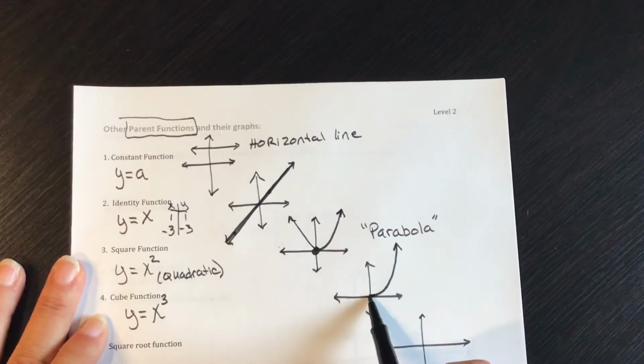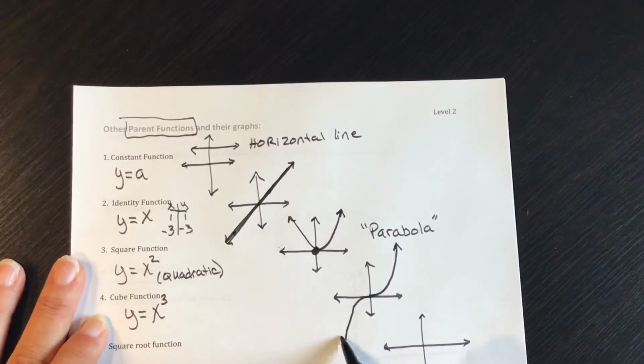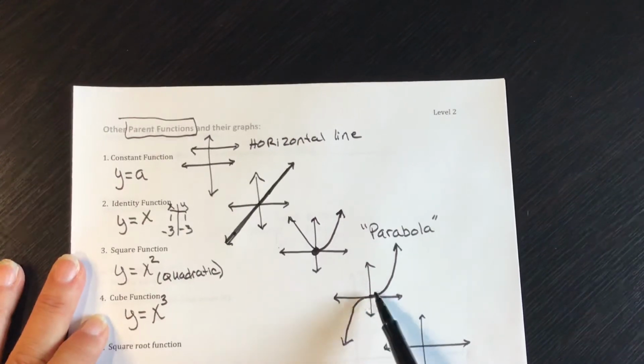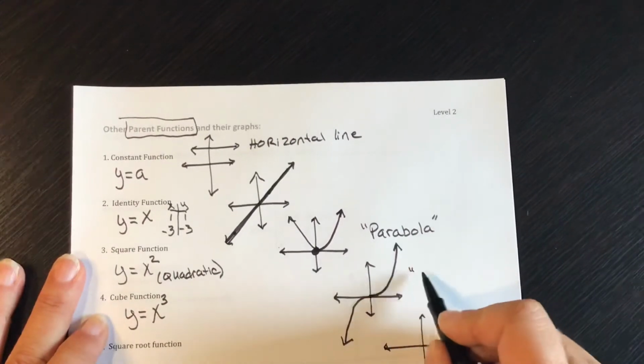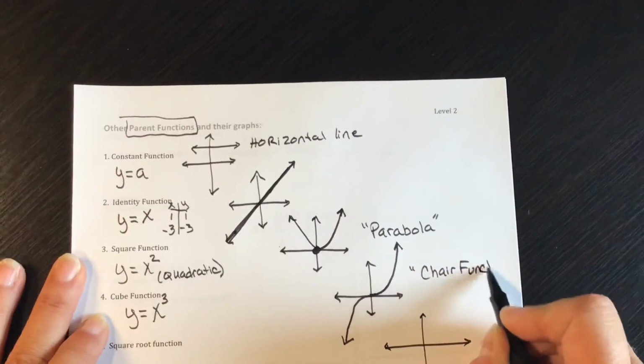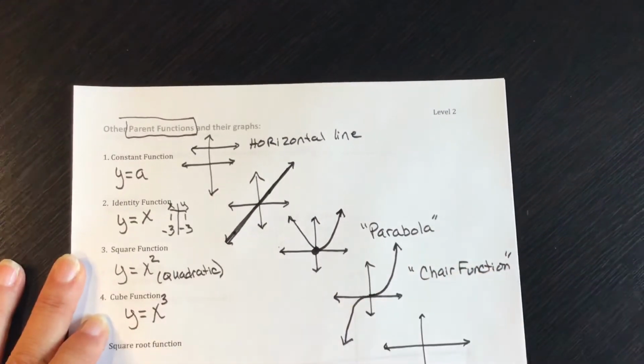And the same thing if I'm going downward. It's going to increase very fast. And a lot of people call this a chair function because it kind of looks like somebody could sit in this chair. Kind of takes on that shape.